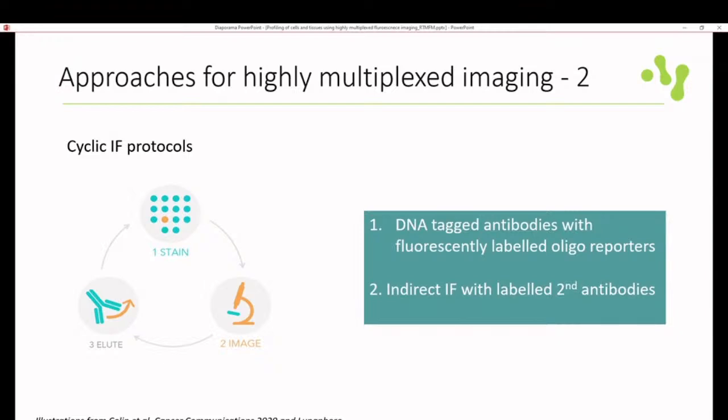Two main ways of doing that would be either to conjugate the antibodies of interest with some kind of tag, usually a DNA tag, that can in turn be detected with a complementary oligo that is in itself labeled with a reporter, for example, a fluorescent reporter. Or you can have the regular indirect immunofluorescence with secondary antibodies, and then these whole complexes would be added and imaged and eluted, as you can see on the image here to the left.